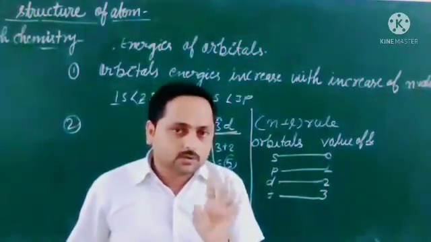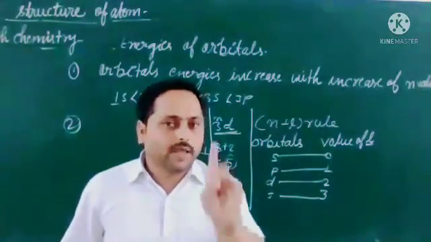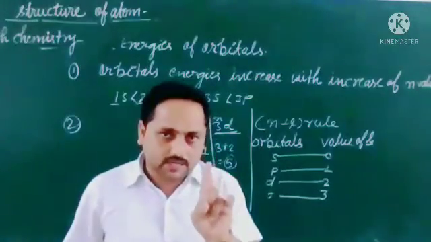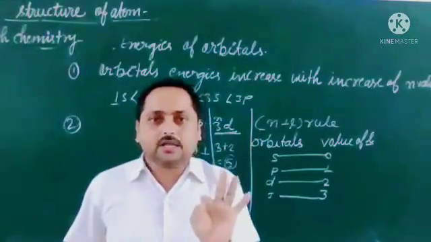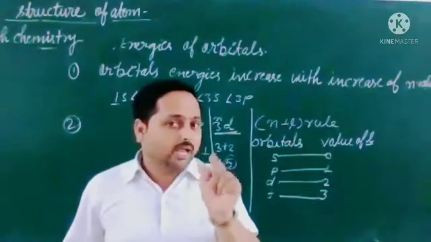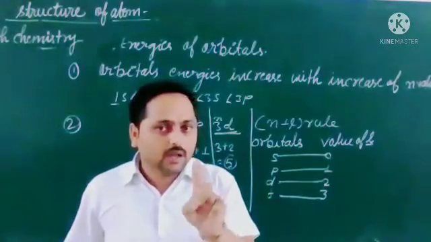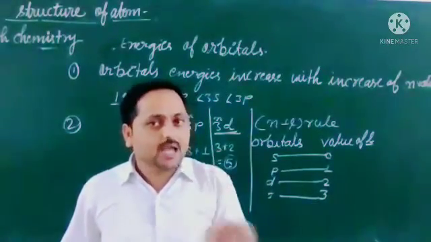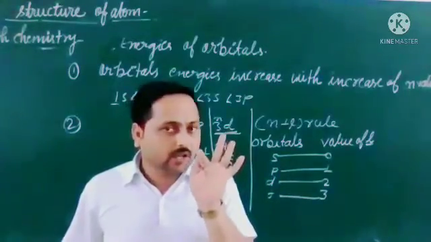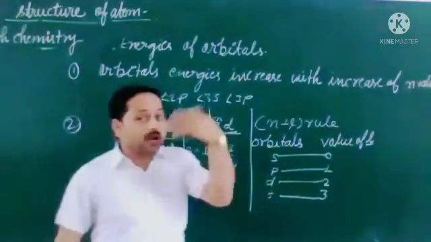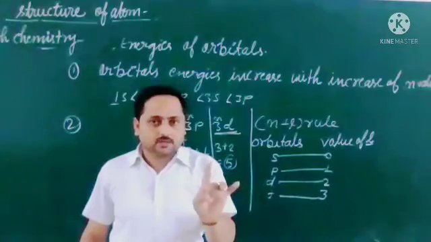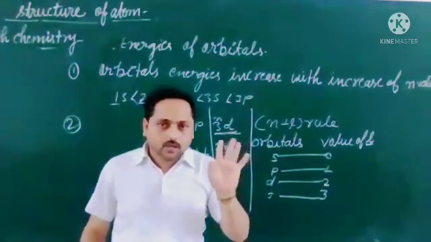So what is the first rule of n plus L? The first rule is that orbitals with a higher value of n have more energy. Clear?